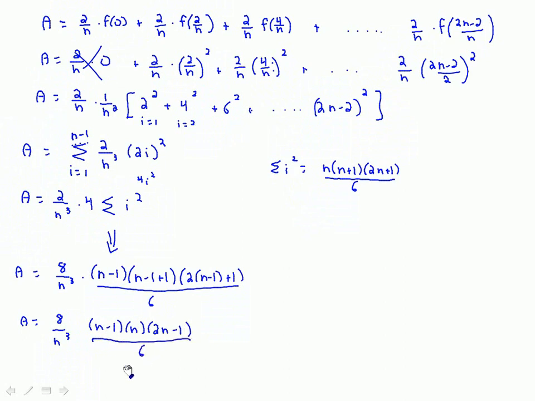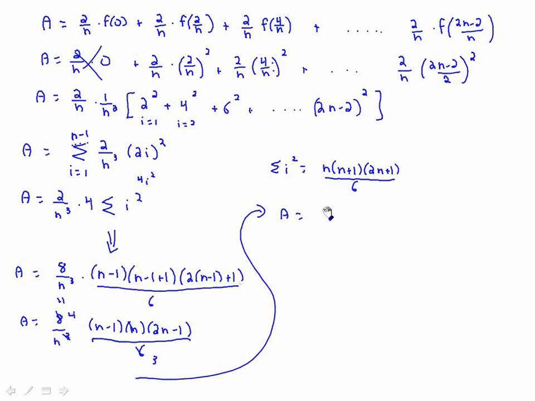Now we can also simplify this. We can bring this up a little bit because the 8 and the 6 will break down. So we'll get 4 over n, and one of the n's will cancel as well. So dividing this will give you 4, this will give you 3. Now if you FOIL that all out, you're going to get n minus 1 times 2n minus 1, and then multiply in your factor of 4.